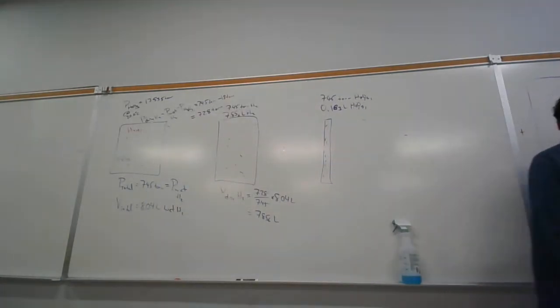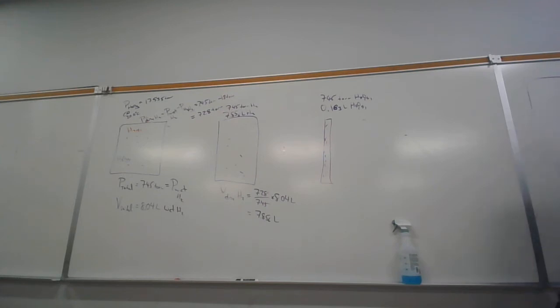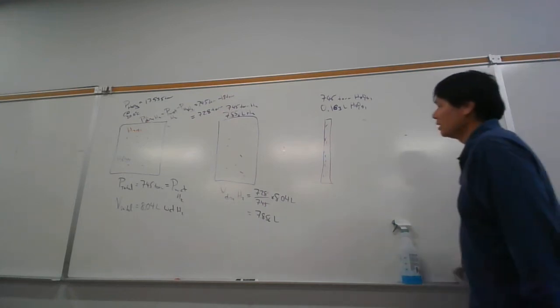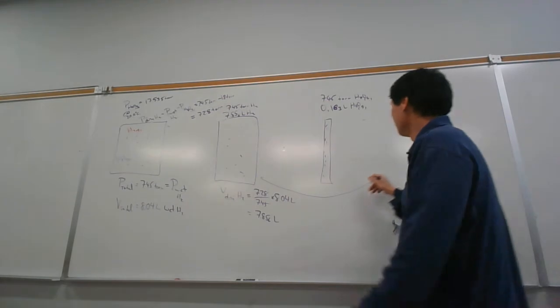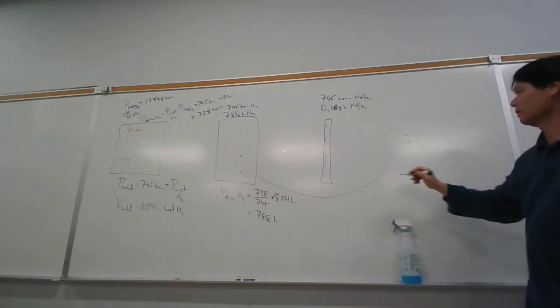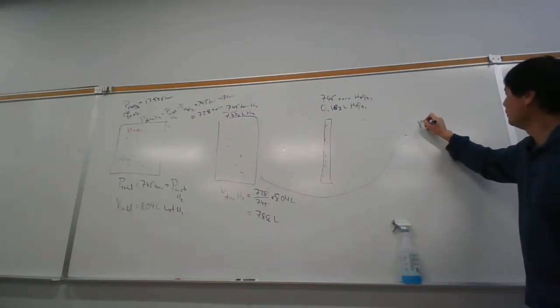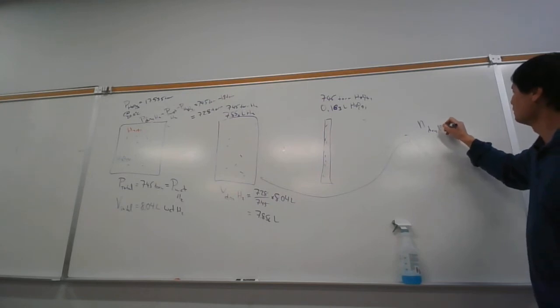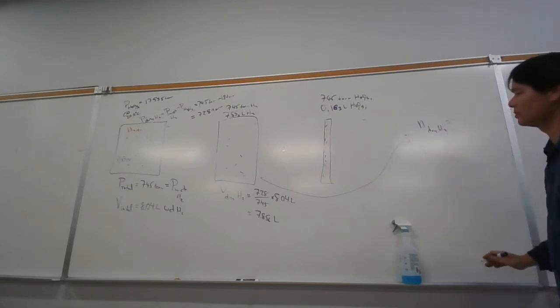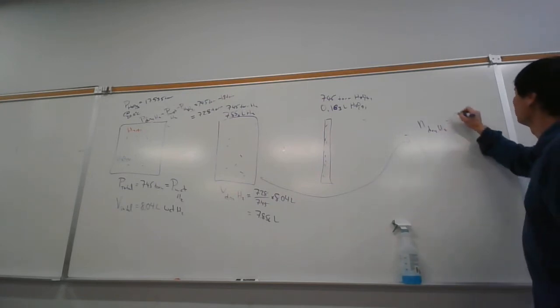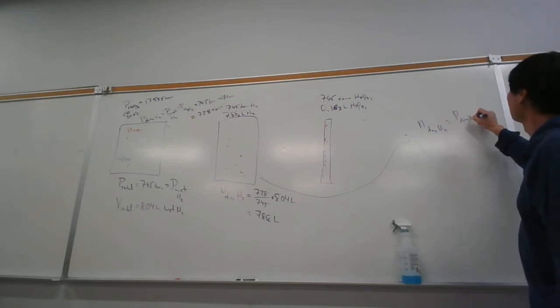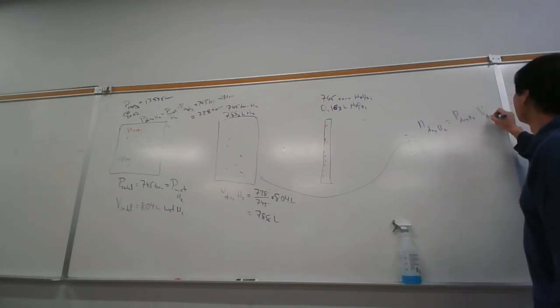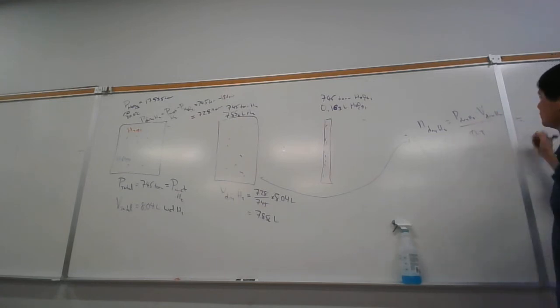Okay, so we'll do the same thing. We're going to calculate how many moles of hydrogen, dry hydrogen, there are. Although I should have done it now, but just combined it. So the moles of dry hydrogen is equal to the pressure of dry hydrogen times the volume of dry hydrogen divided by RT, temperature of the dry hydrogen.